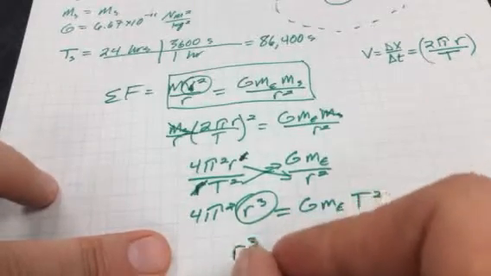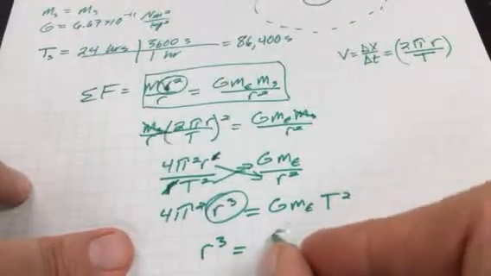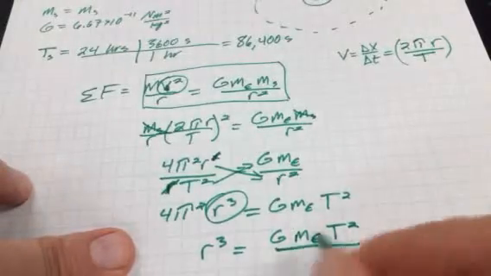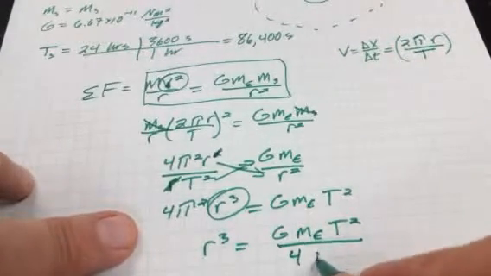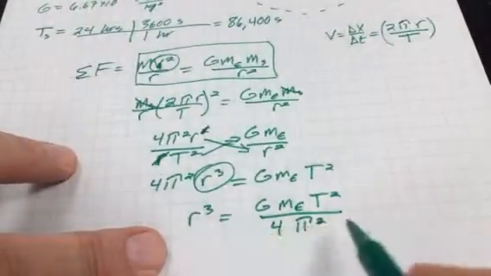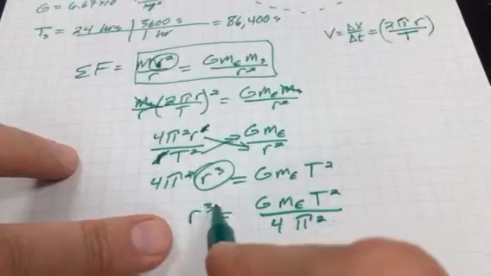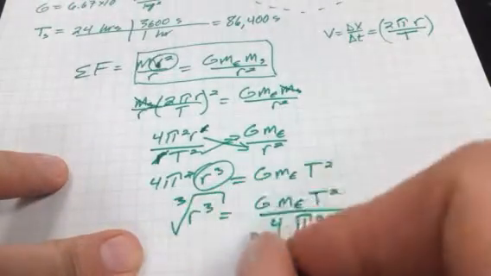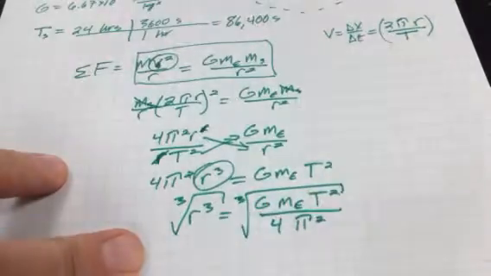So to get that isolated by itself, I need to take that times that times that all over 4 pi squared. And since the radius cubed does me absolutely no good, what I need to do is take the cube root of both sides.